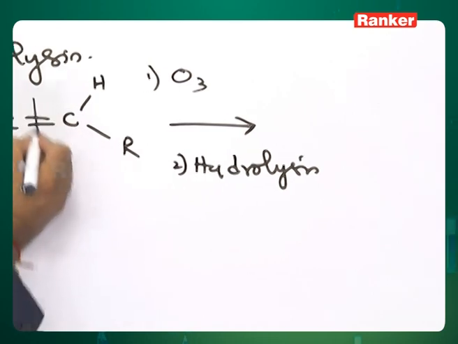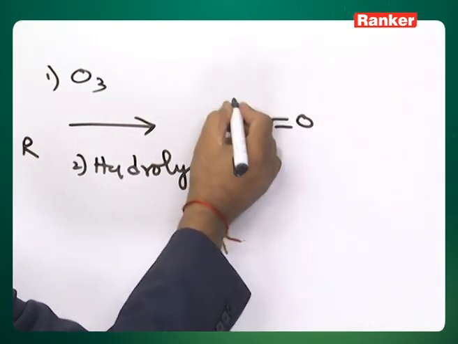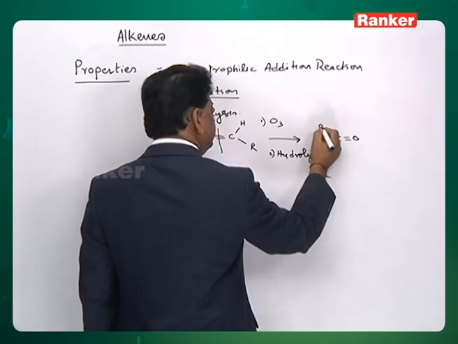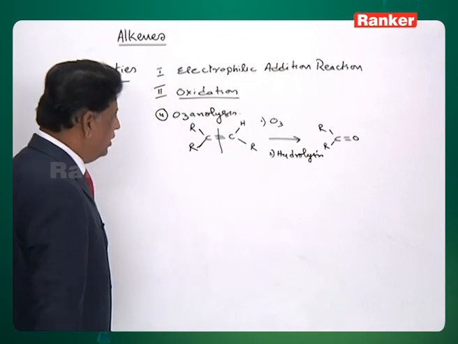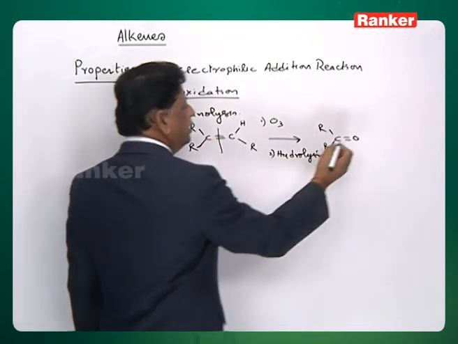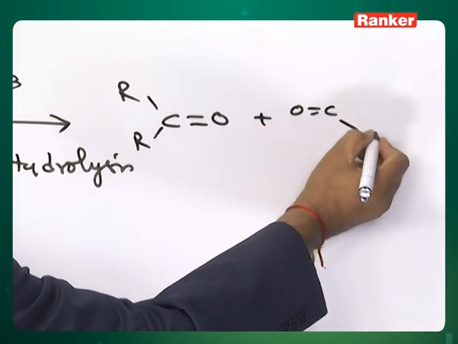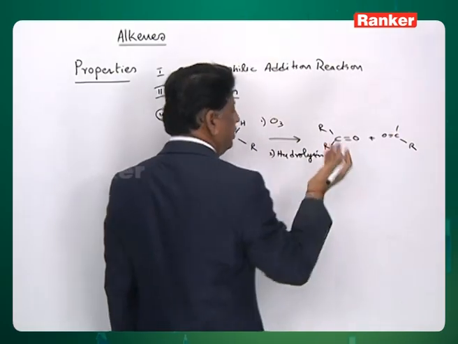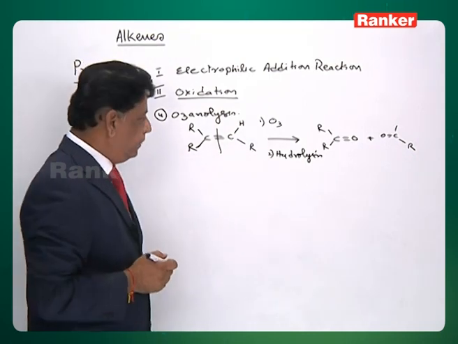Then the compound becomes 2 pieces. One side you will get the carbonyl compound, 2 alkyl side it is definite, but what comes from the 1 alkyl side is a slightly debatable question. That depends on the hydrolysis type.